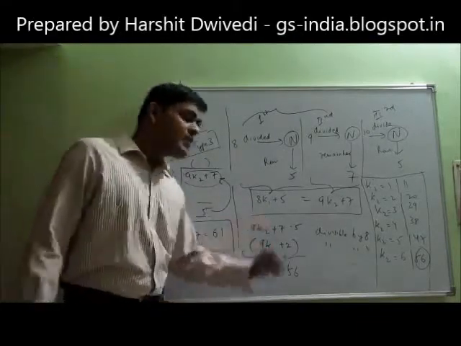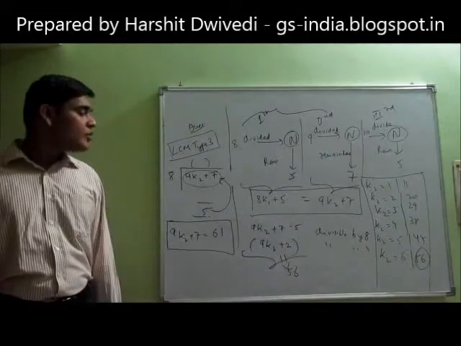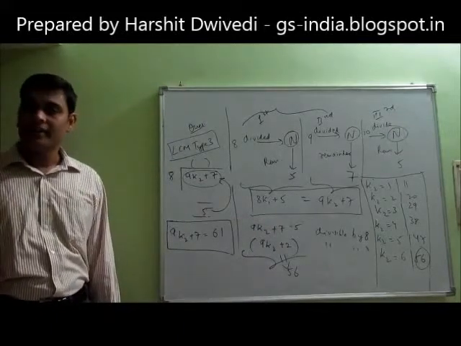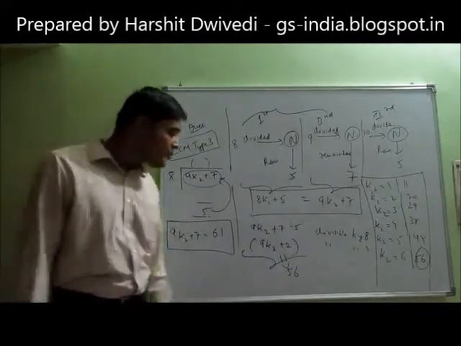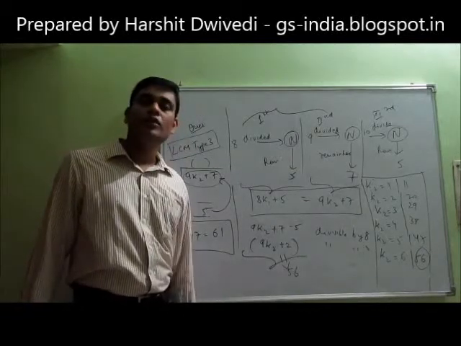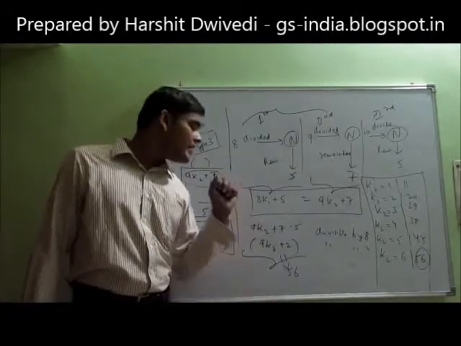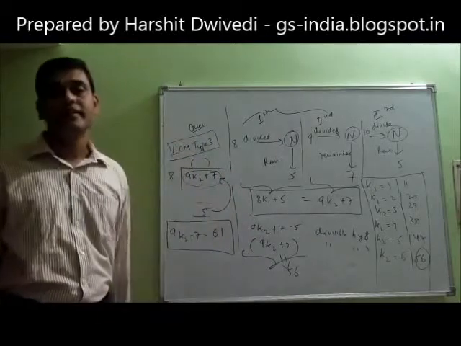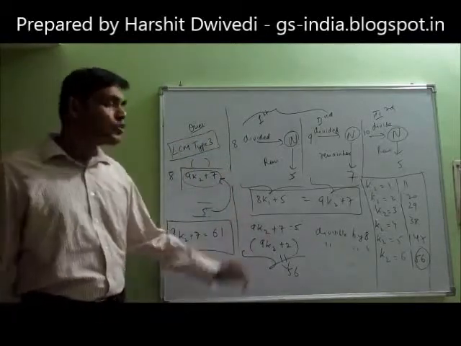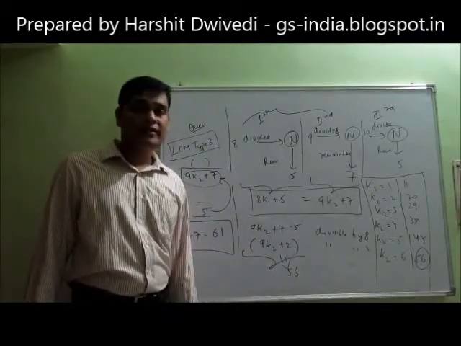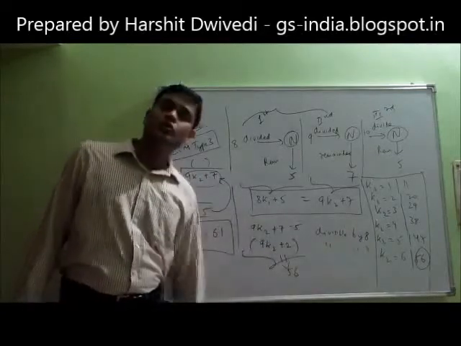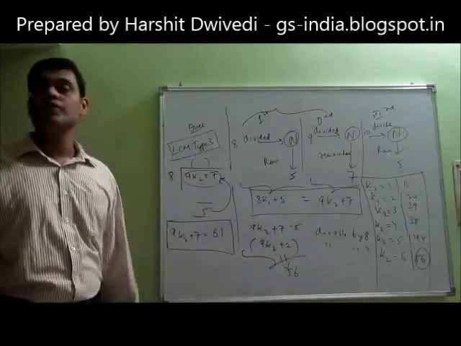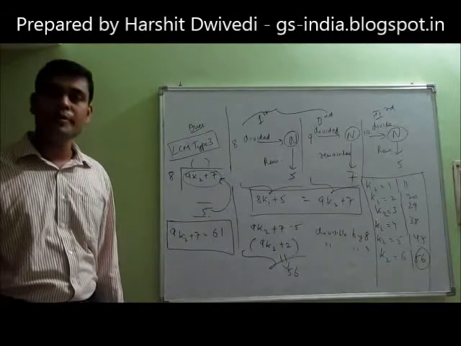Obviously, we knew that 9k2 plus 2 is divisible by 8. And to find the least possible value of 9k2 plus 2 which is divisible by 8, we substituted values of k2 starting from 1, and at k2 equal to 6 we got 9k2 plus 2 equal to 56, which is divisible by 8.